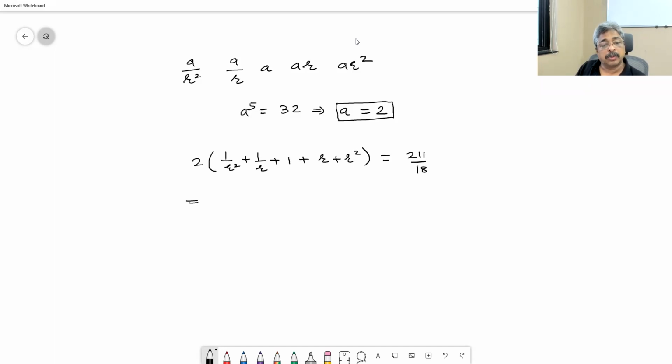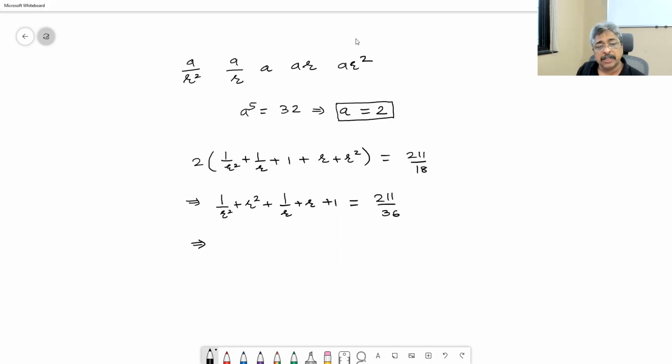So that means we are supposed to deal with 1 upon R square plus R square plus 1 upon R plus R plus 1 is equal to 211 upon 36.